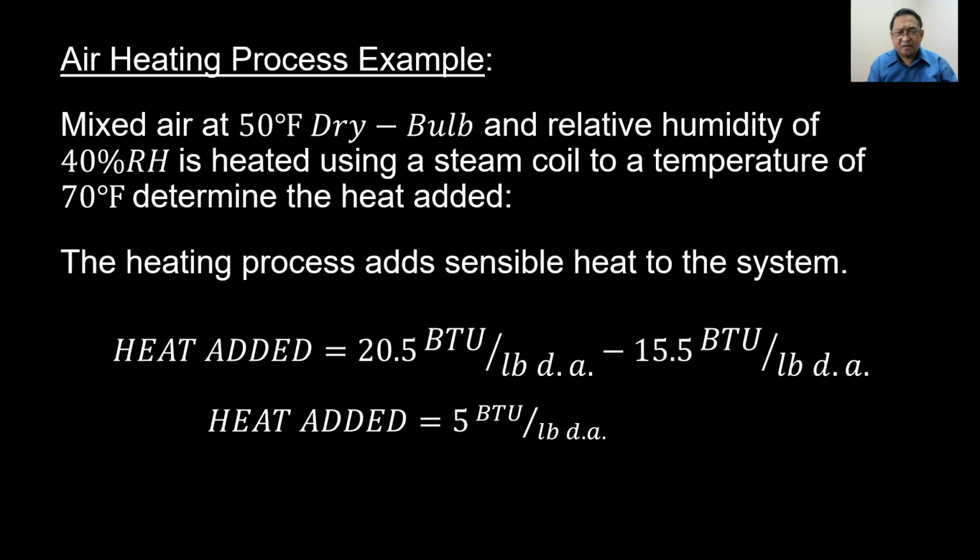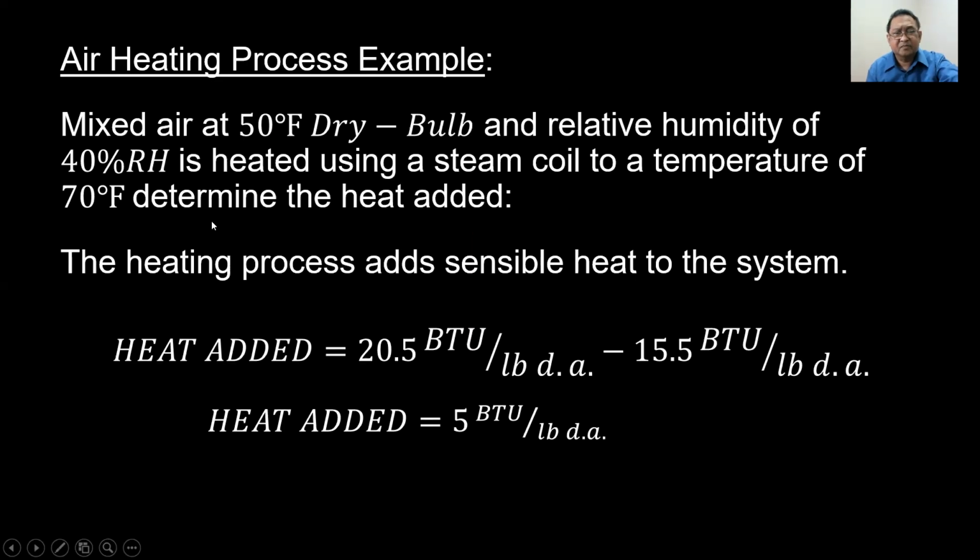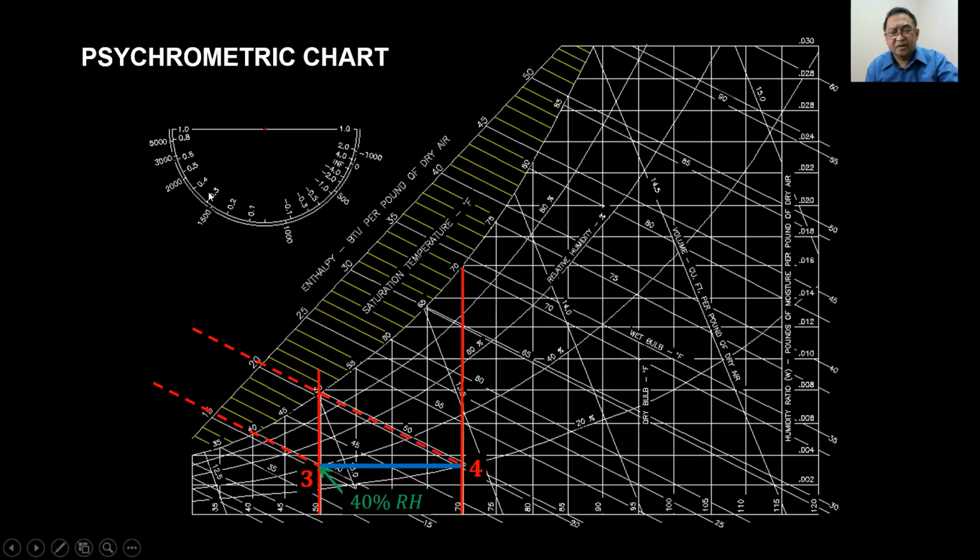Determine the heat added. The heating process adds sensible heat to the system. Take note that the steam does not come in contact with the air here. It is just inside the coil, so the heat is just being added to the air. We can graph it here from point 3 at 50 Fahrenheit dry bulb, 40% RH, being heated to 70 Fahrenheit dry bulb, and we determine the heat added.